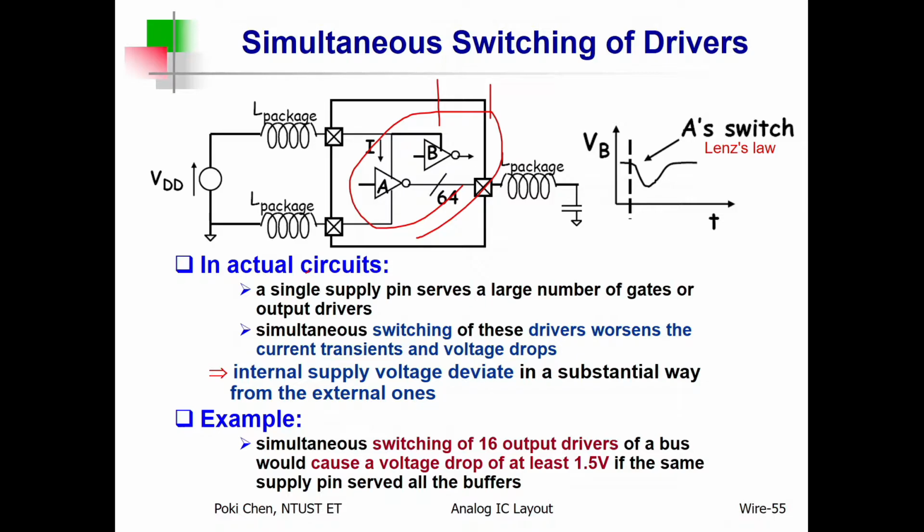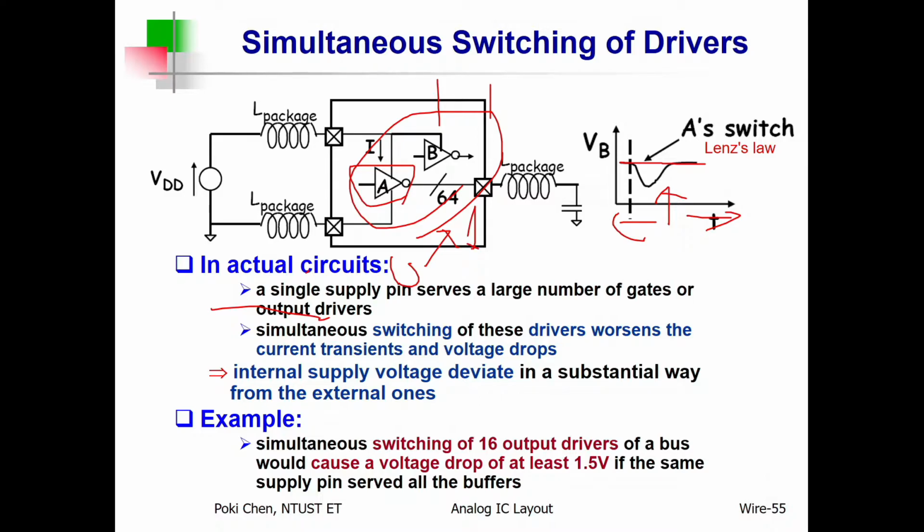Actually, it should look like this: all 1 before the rising edge and after the rising edge of the next clock. However, for pin A, actually it turns from 0 to 1.